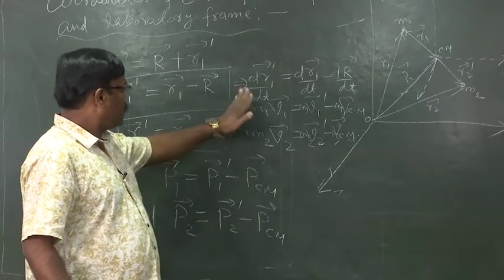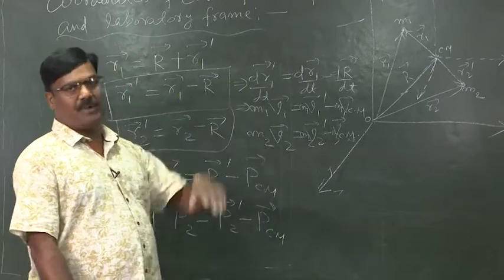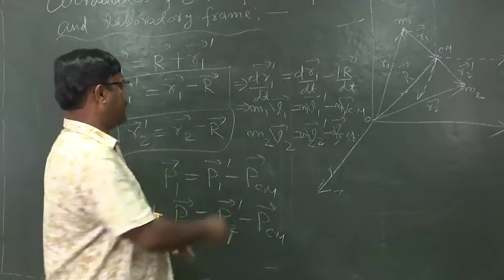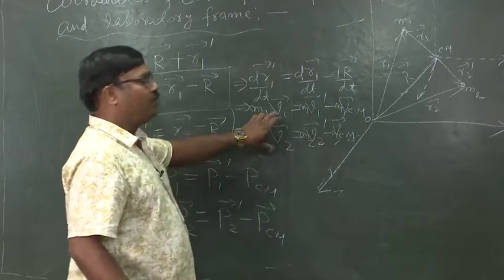Now, the total momentum of the system of particles can be written as the sum of these two equations.